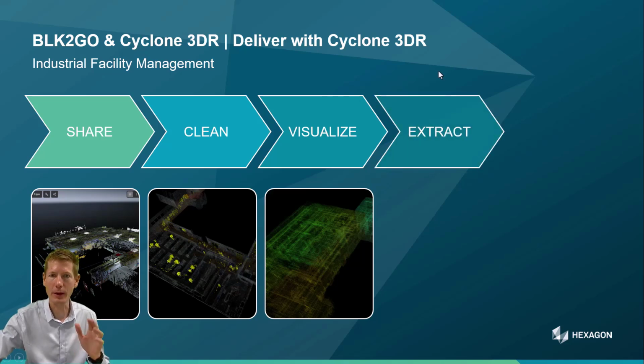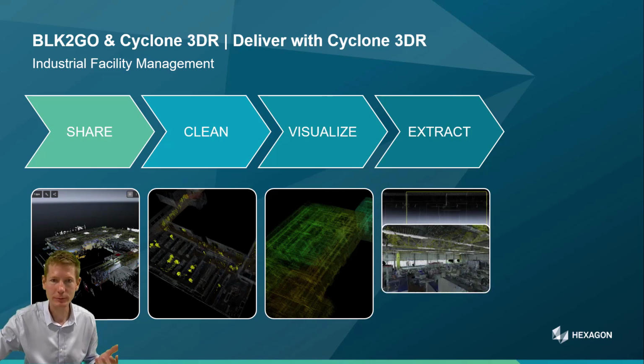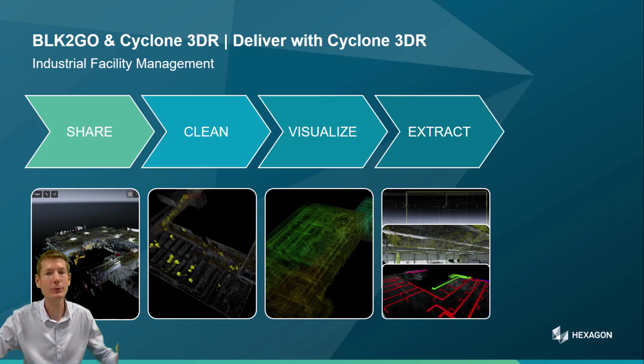And I think that's the most important part, how to extract basic things like a floor plan or a cross-section of a building, how to create very quickly a mesh from a BLK2GO device, and also happy to show you a little bit of scan to pipe as well. So I will do a few demonstrations just to give you the flavor, but I hope that it will give you lots of ideas for your industrial facility applications.